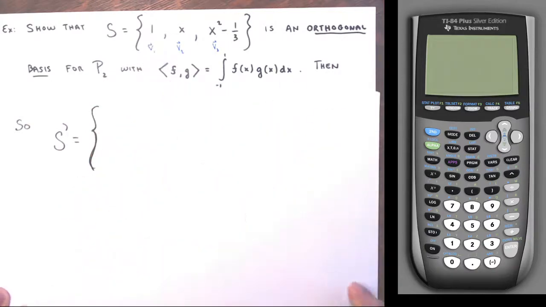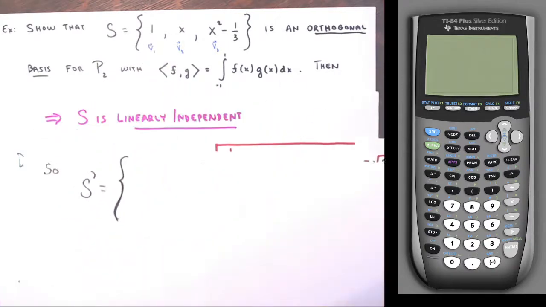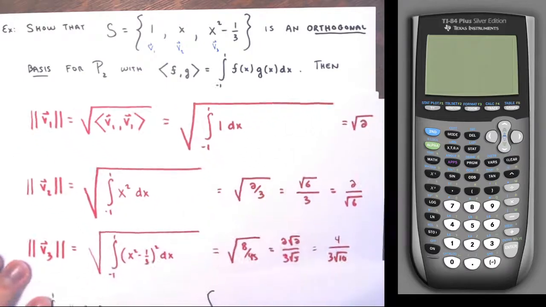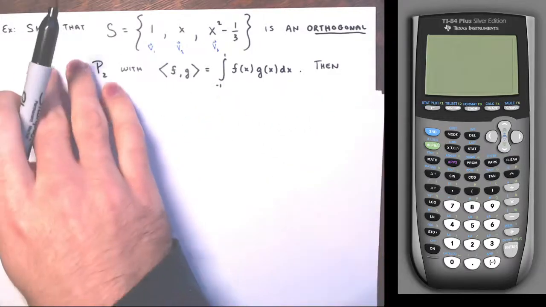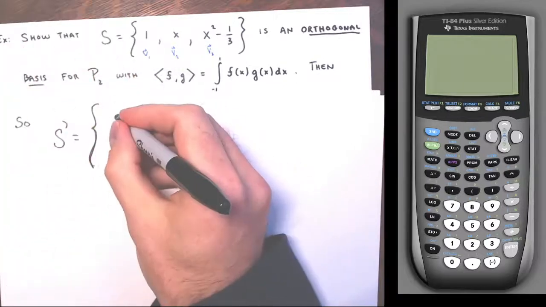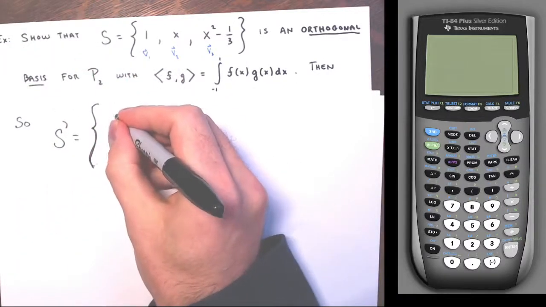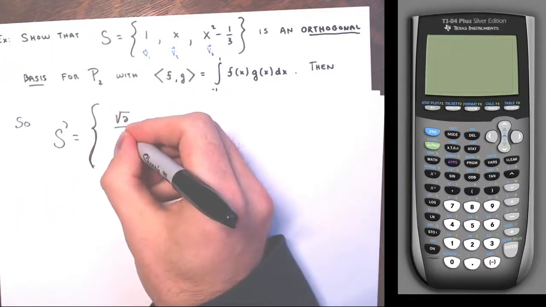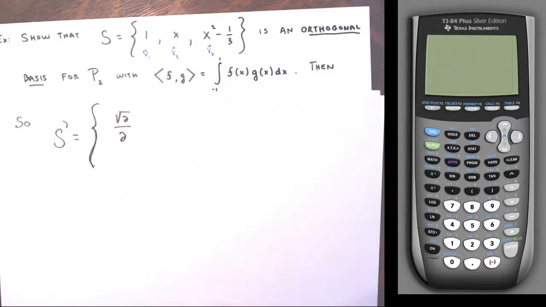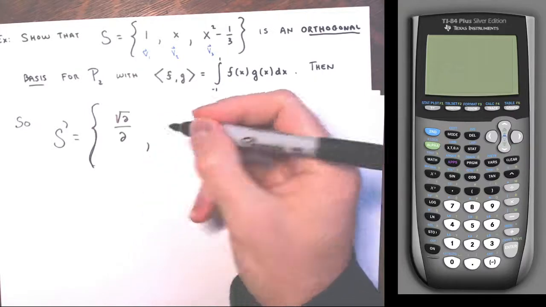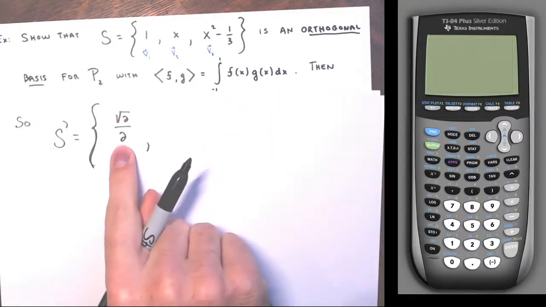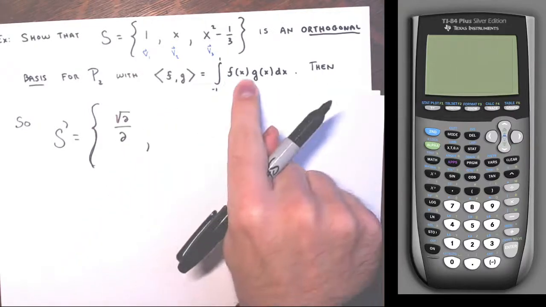Remember, the norm of 1 was the square root of 2. So I multiply by 1 over the square root of 2, or square root of 2 divided by 2 if you like rationalizing, times 1. This is a unit vector under this inner product.